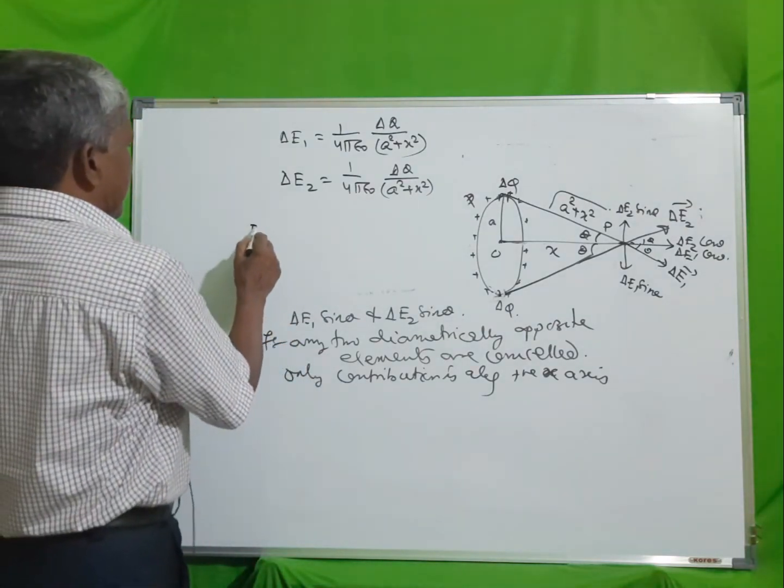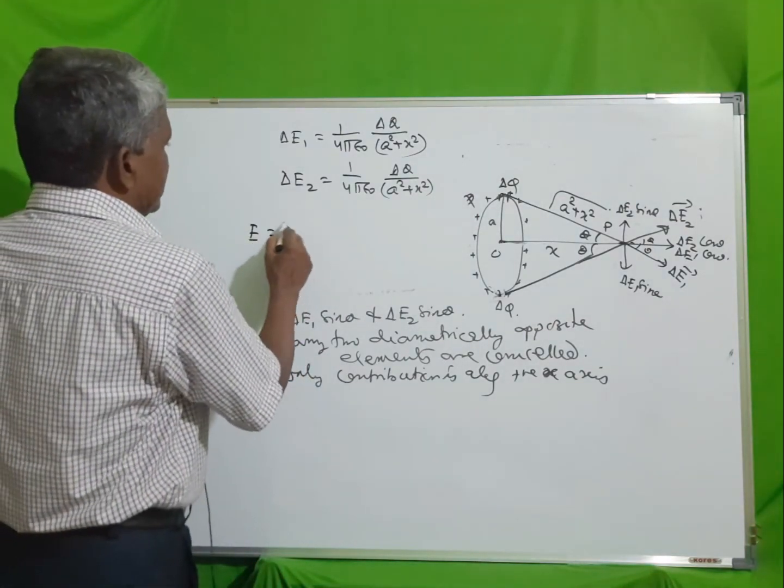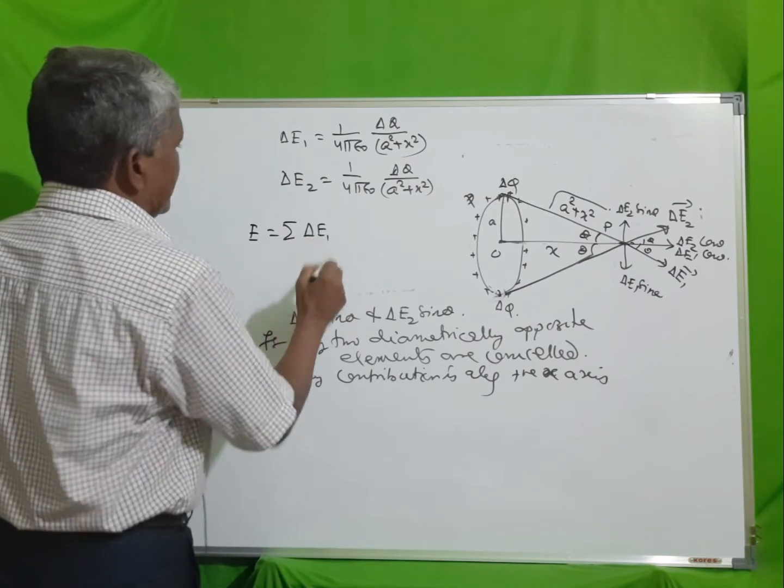Hence, electric field E is equal to the sum of delta E1 or E2.